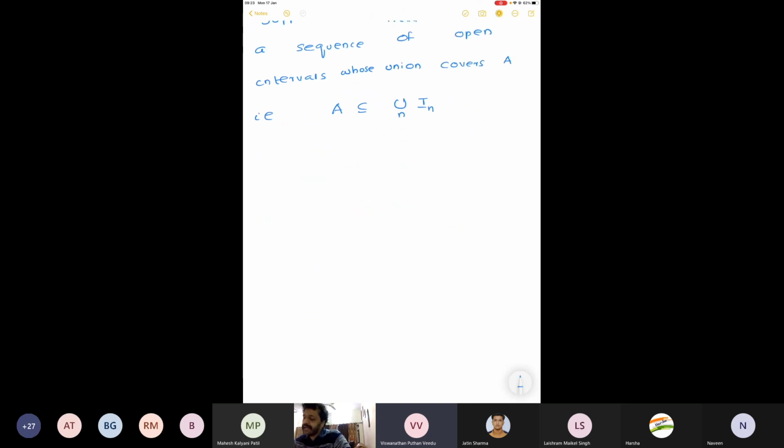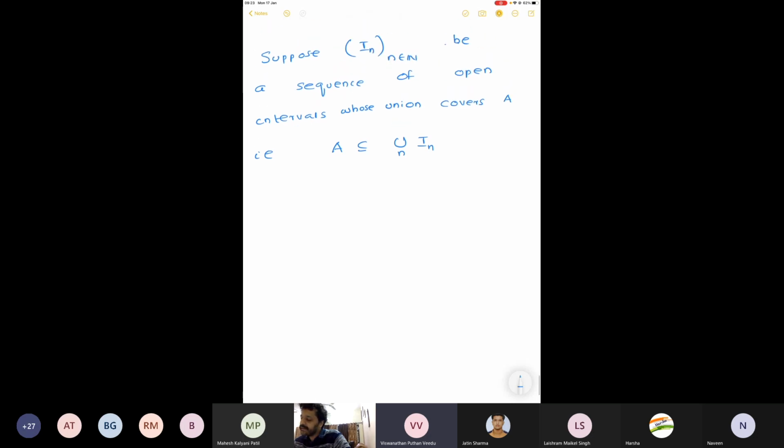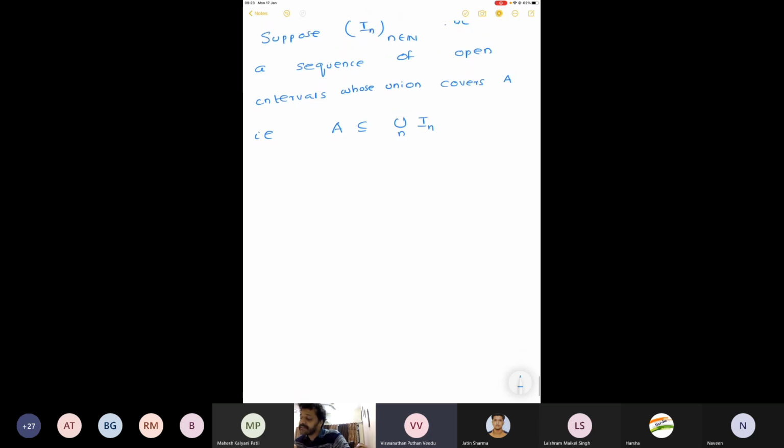So can you get an open cover consisting of open intervals for y plus A from this? Can you get a sequence of open intervals? Translation of each I_n, right?